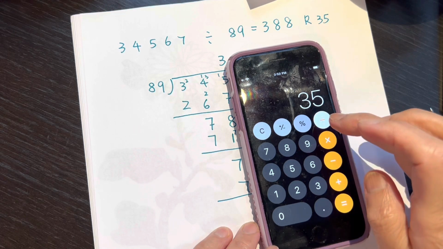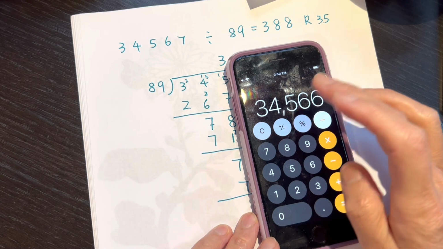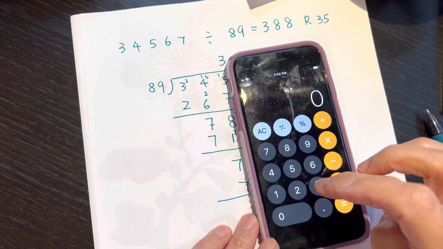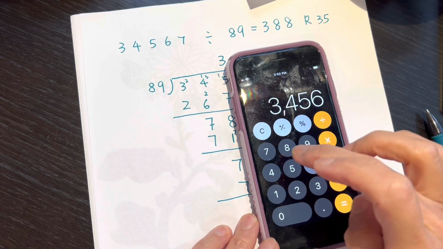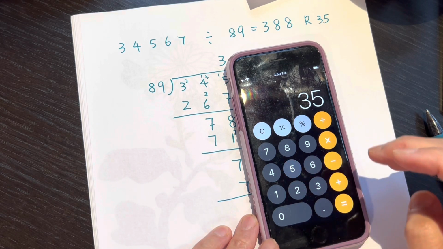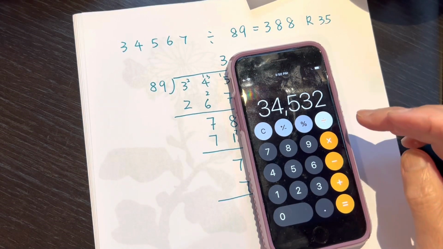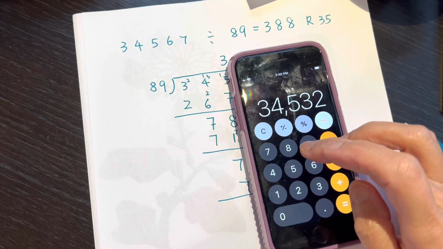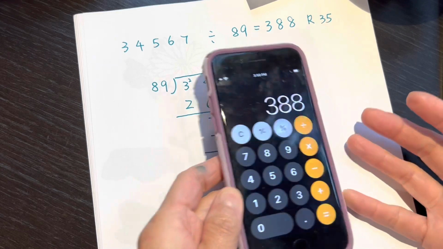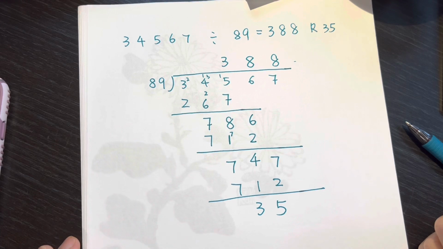And then this result equal to divide, no, 3, 4, 5, 6, 7 minus 35. This is the result. Divide by 89. Yes, we are right. Thank you very, very much.